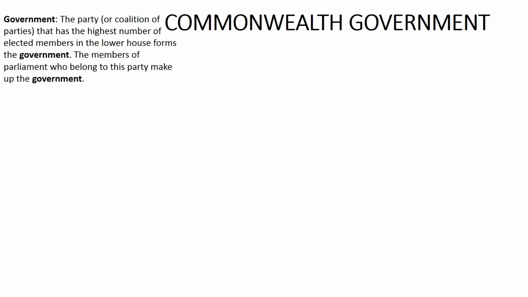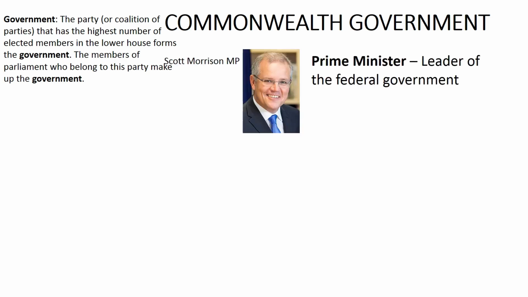Put another way, the Liberal National Party coalition had the highest number of elected members in the House of Representatives. This meant that the Liberal National Party coalition formed the Commonwealth Government. The Prime Minister is the person who is the leader of the party that wins government.